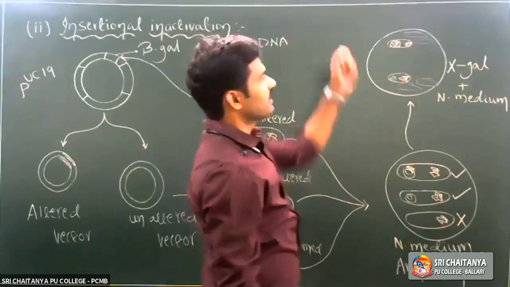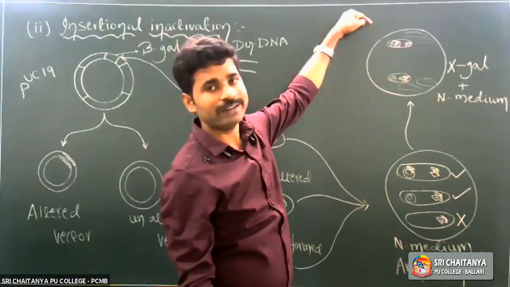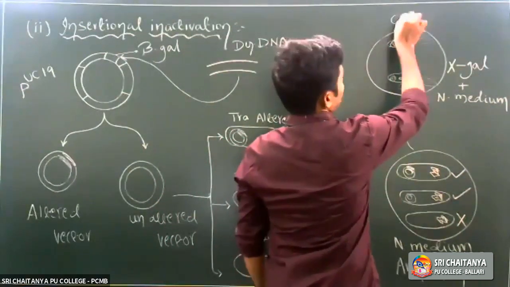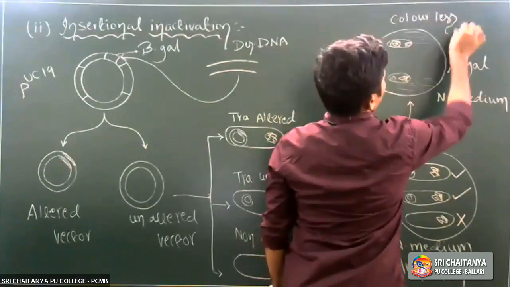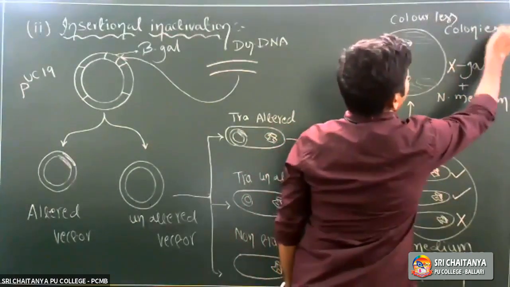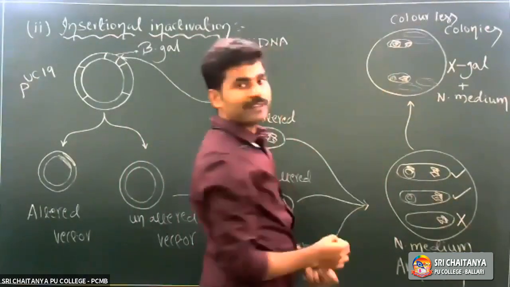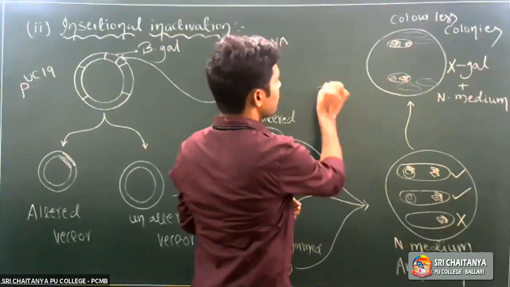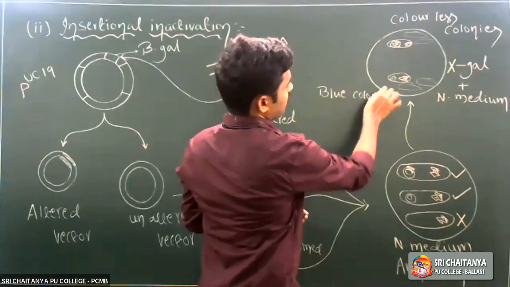But see, the bacterial cells which contain rDNA molecule appear as colorless colonies. But what about the unaltered vector? The unaltered vector containing bacterial cells form blue color colonies.